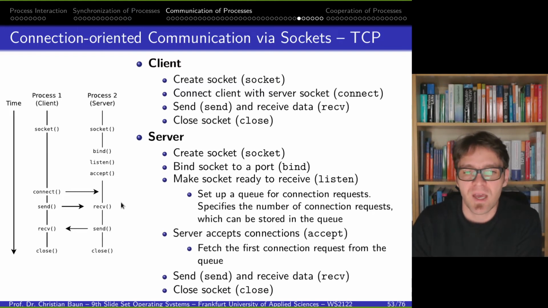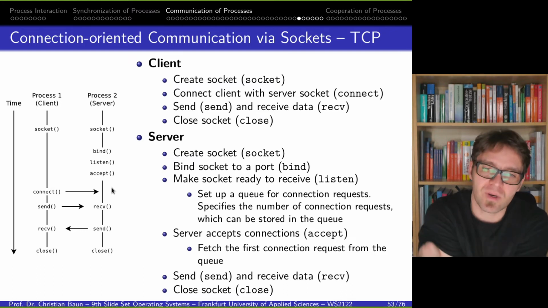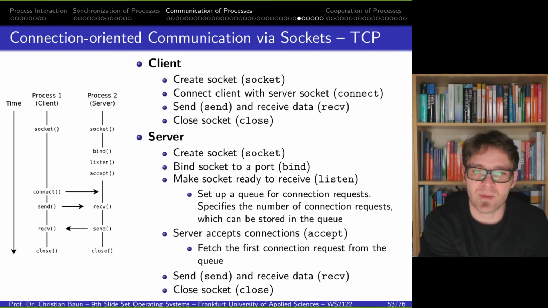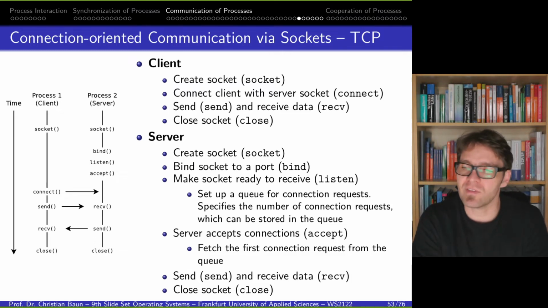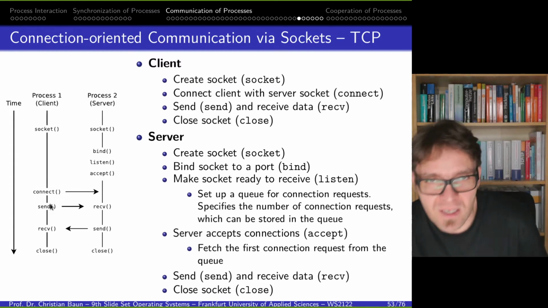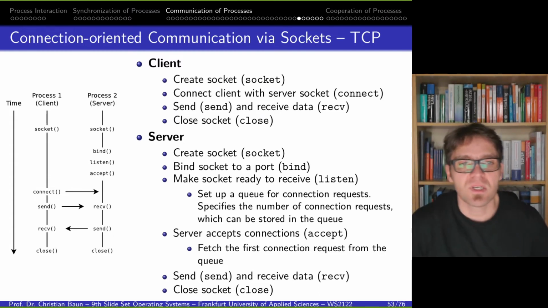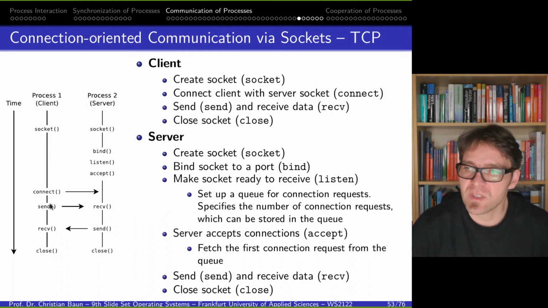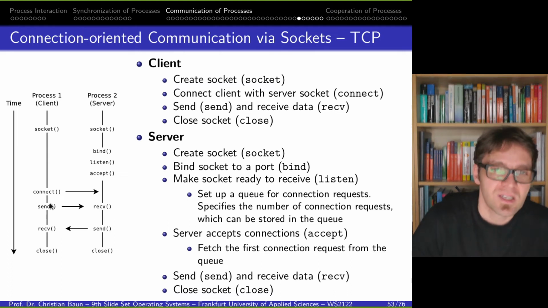And next, with the accept function, the server process will accept the first connection request in the waiting queue. Finally, the client will execute connect, and so the connection establishment is done.